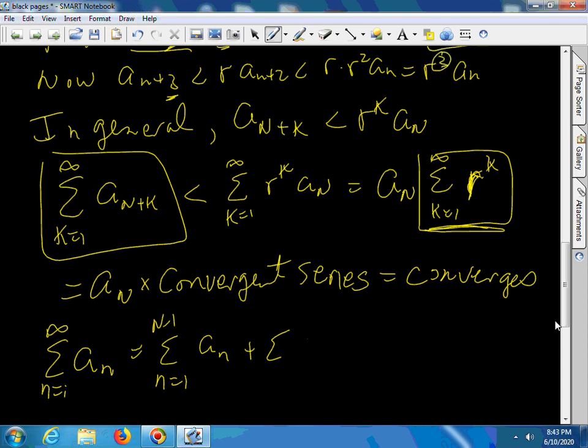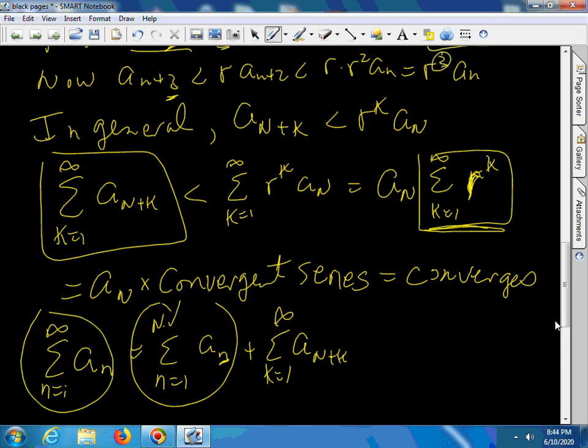The summation of a sub n, and I guess this should go up to capital N, plus the summation of a sub n plus k, where k is 1 to infinity. So I'm adding up all the subscripts from 1 to capital N, just like I'm adding up here, but I'm adding more over there. And then I pick up at n plus 1 and go to infinity, just like we have there.